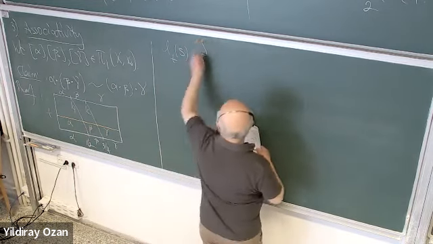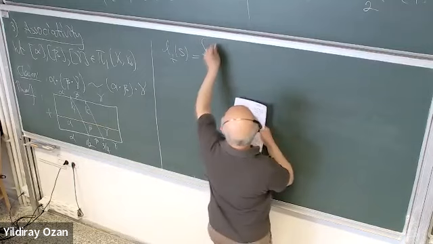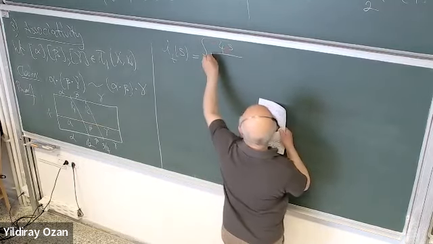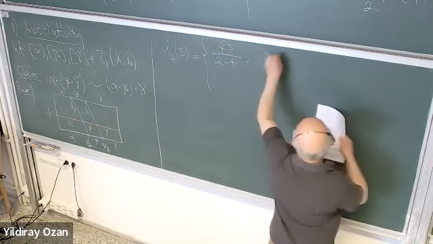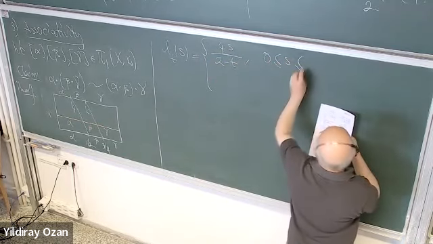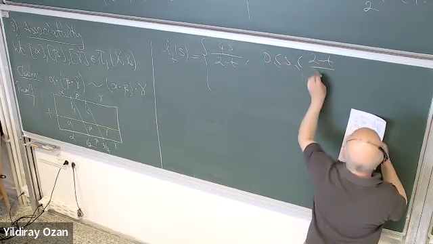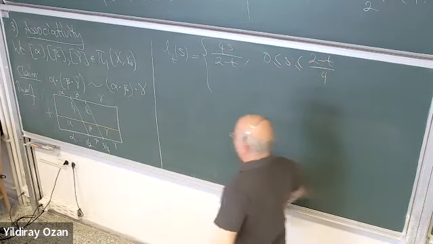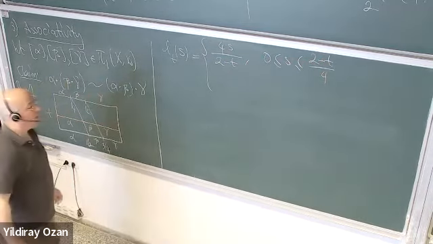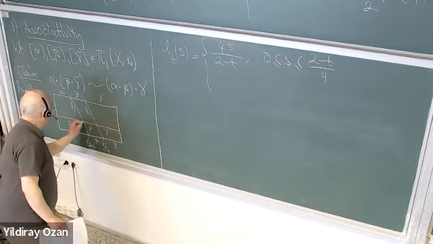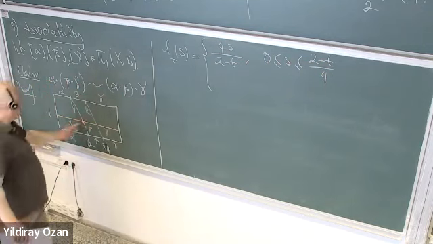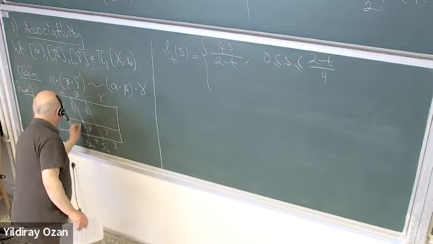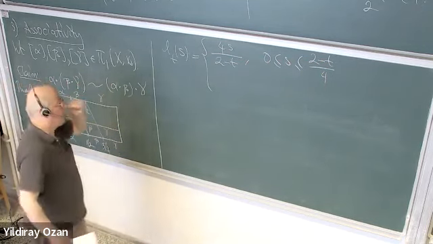So what is this? Let me write down and then I will explain. 4s divided by 2 minus t, for s between 0 and 2 minus t divided by 4. So this 2 minus t divided by 4 is this point. Okay, 2 minus t divided by 4.